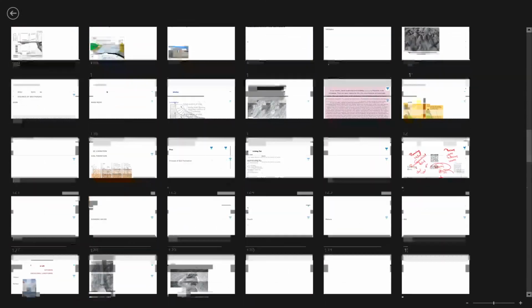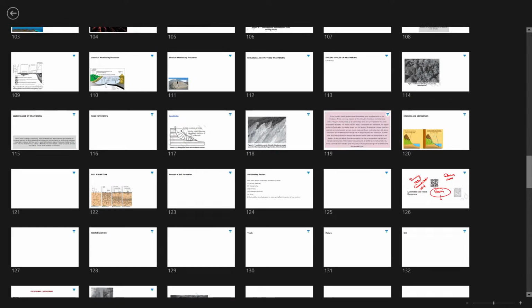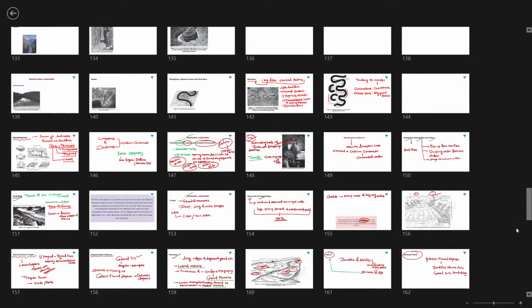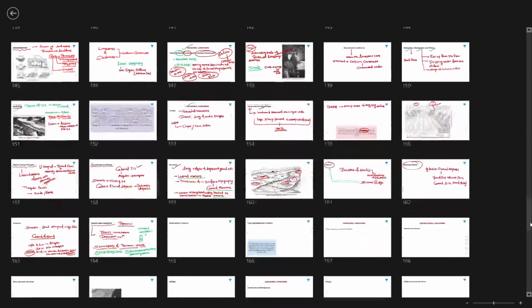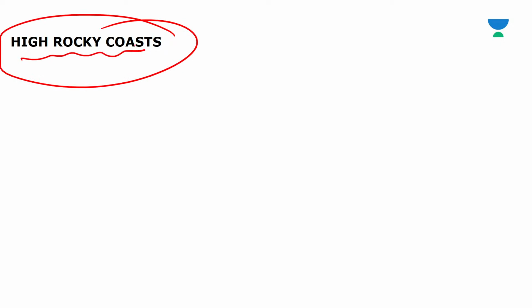So let's continue with the high rocky coasts. Now friends, along the high rocky coasts, the rivers appear to have been drawn with a highly irregular coastline.